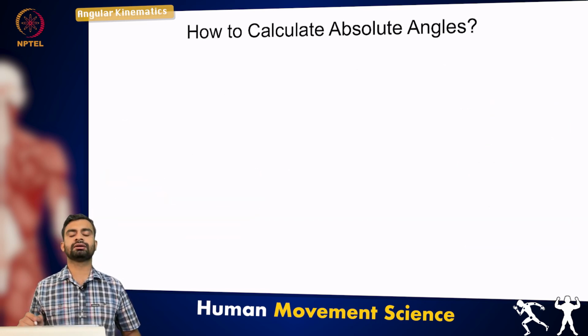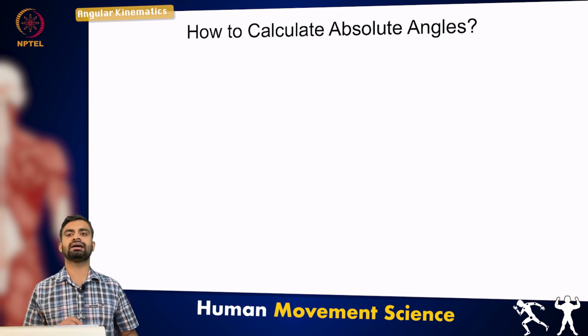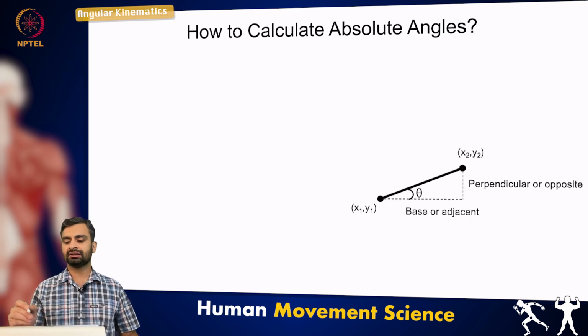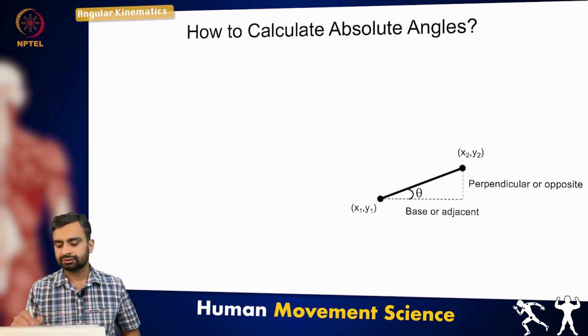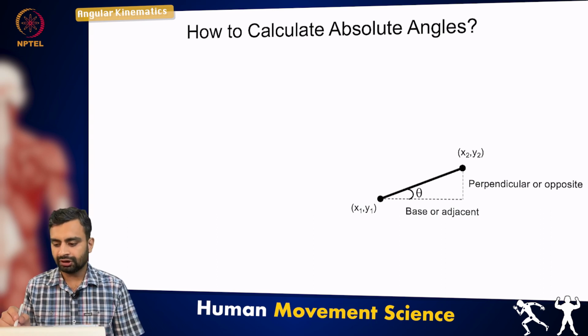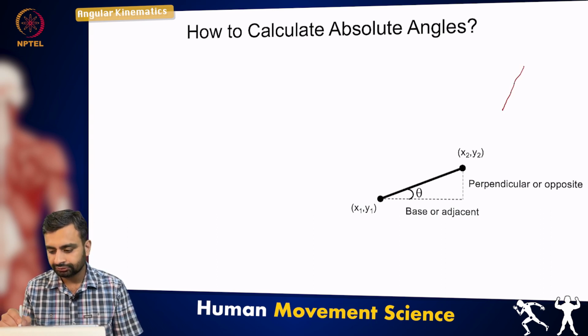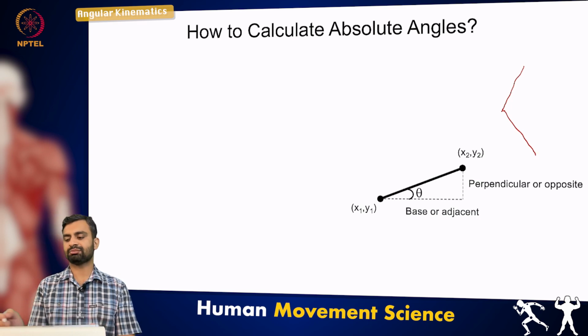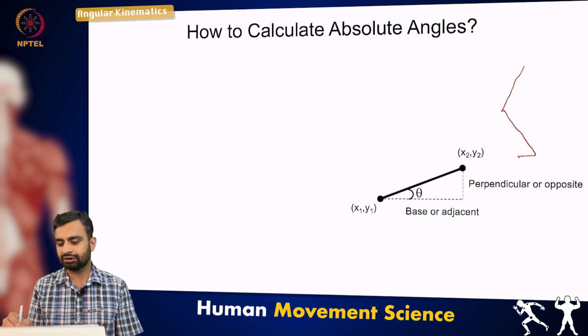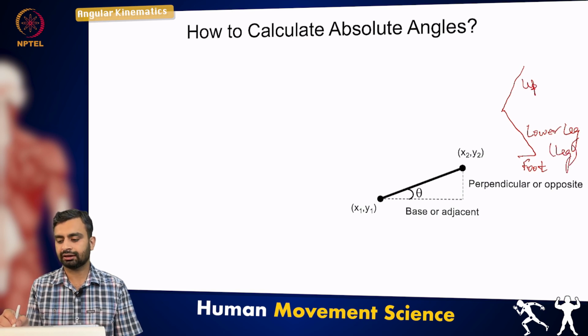So now let's look in more detail at how we can calculate the absolute angles or the joint angles. For example, let me draw a segment, something like this. So maybe this is your foot, lower leg, or simply leg, and upper leg, or we call it the thigh segment also.